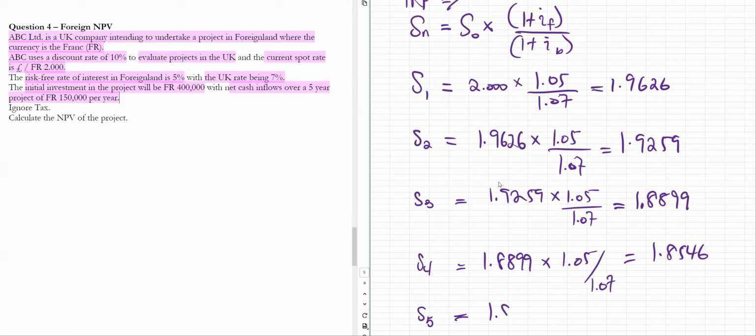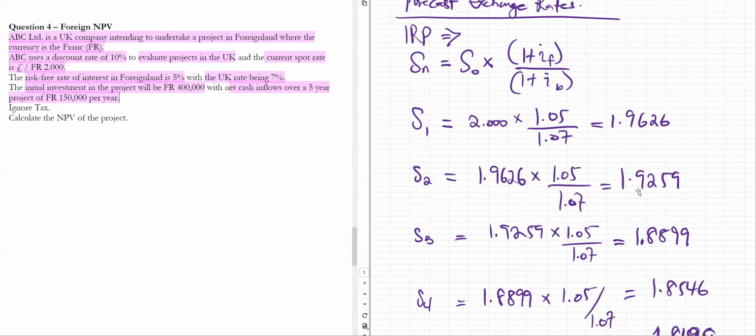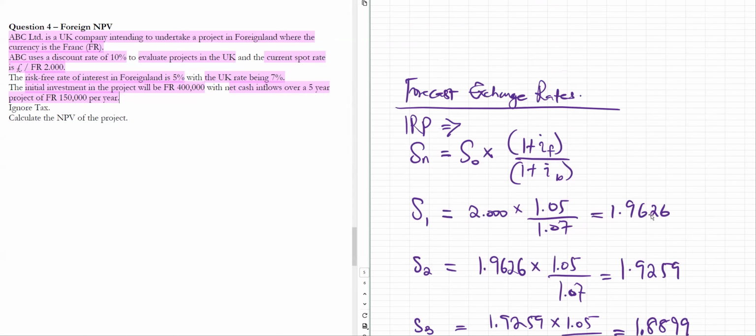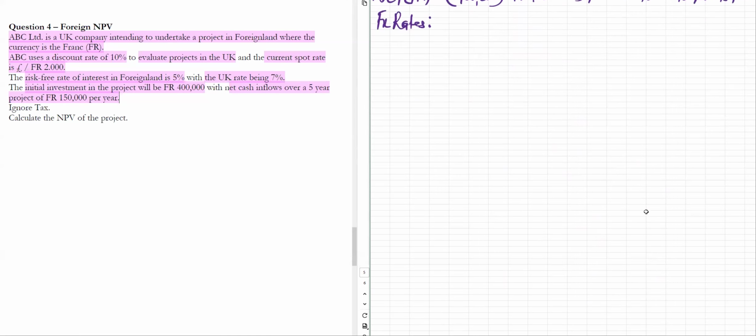We bring our 1.8546 multiplied by our 1.05 over 1.07, and that gives us 1.8199. So that is it.